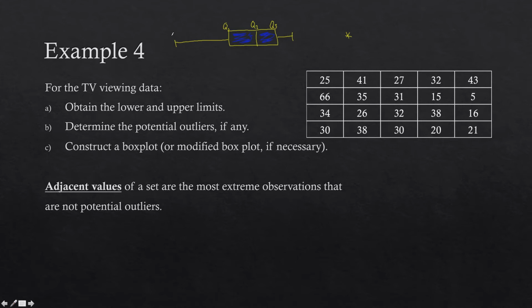Now, the whisker, this part right here, this is Q1. This is the first quarter. This is Q1, but this is the first quarter of data. Okay, it's better to say that. The left whisker represents the spread of the first quarter of data.